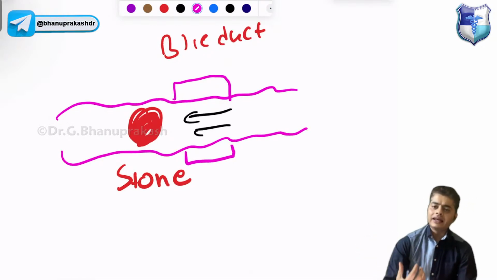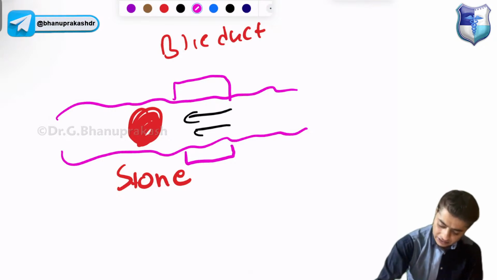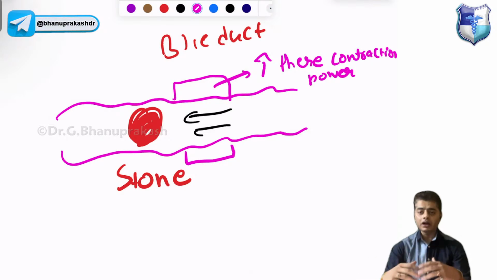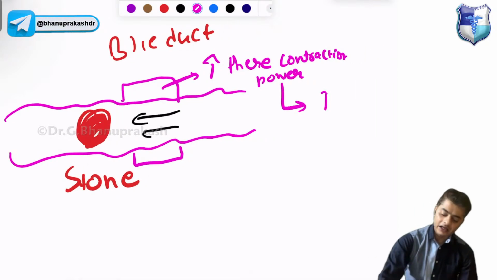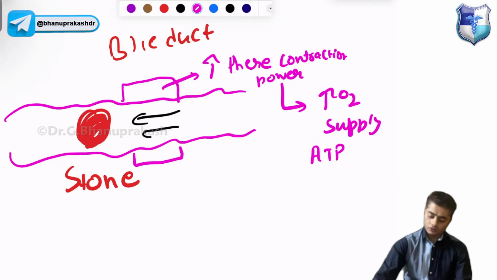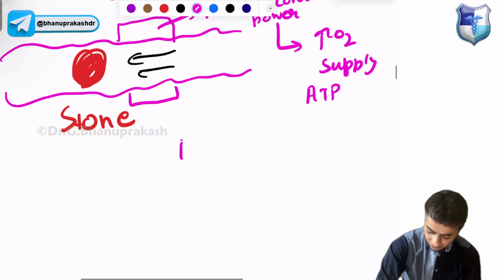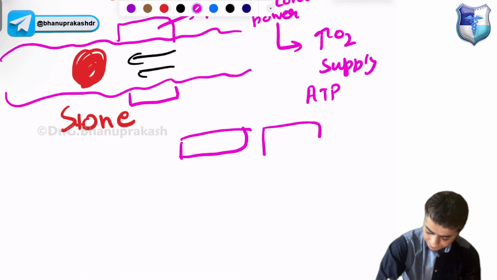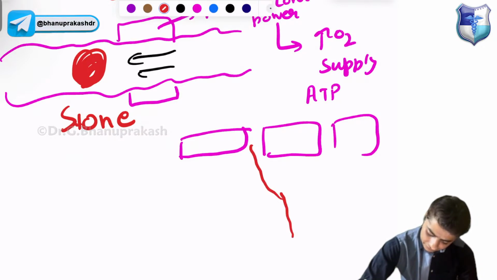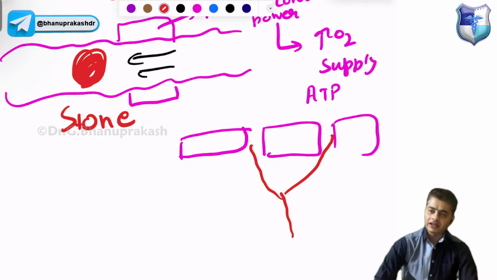If these muscles increase their contraction power, they will require increased oxygen supply because they have to make more ATP. If these are the muscles and this is their blood supply, blood supply to this area will increase.